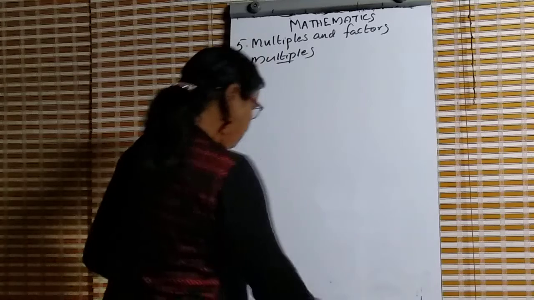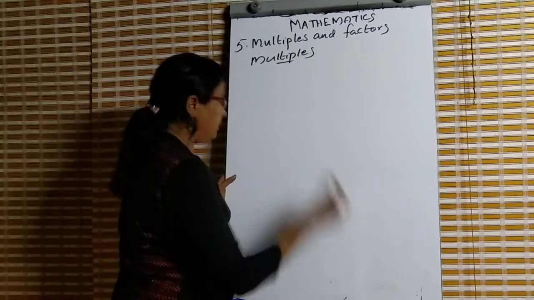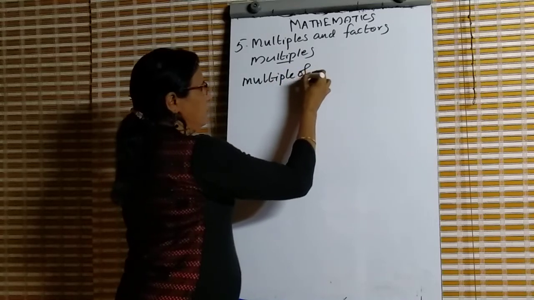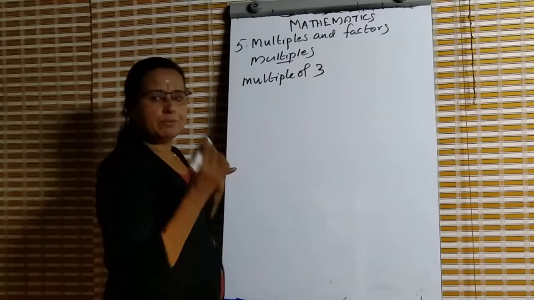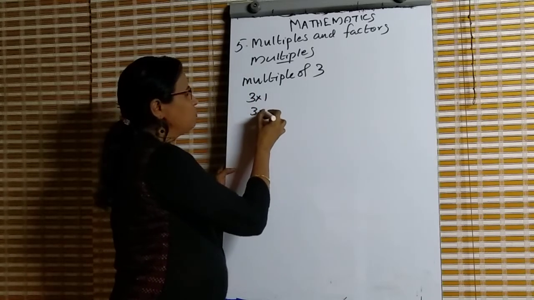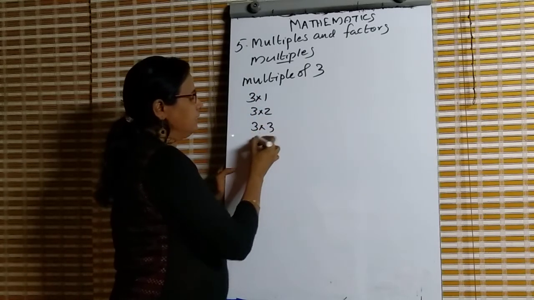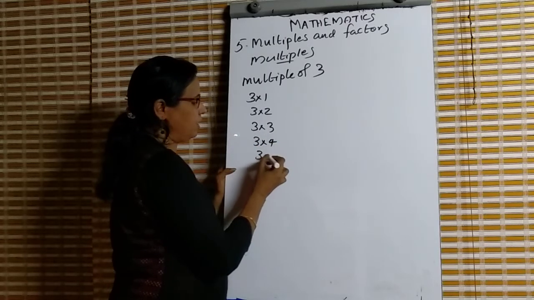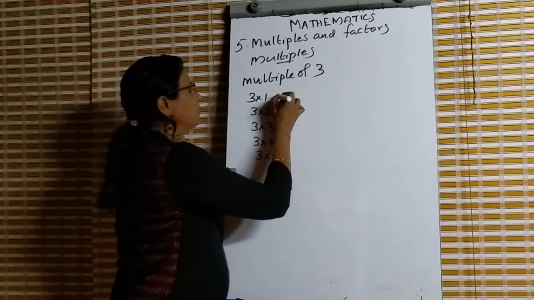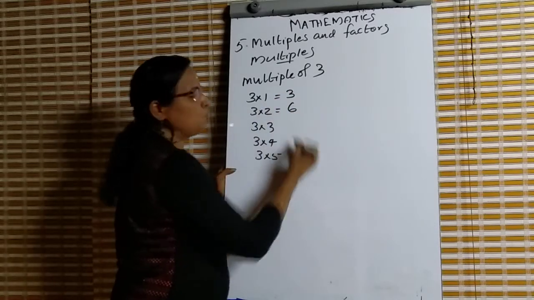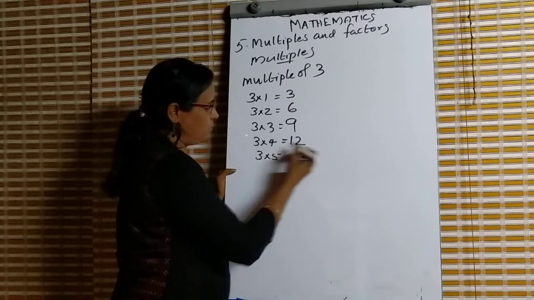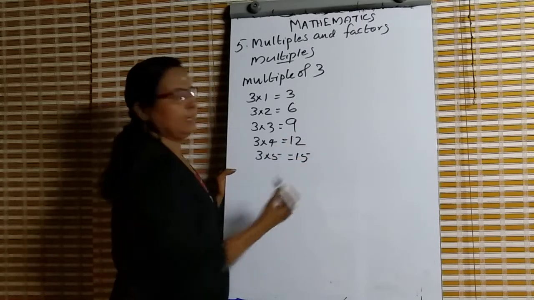Look at the board. To find the multiple of 3, how to find? We multiply the given number by 1, 2, 3, 4, 5, etc. 3 into 1, 3. 3 into 2, 6. 3 into 3, 9. 3 into 4, 12. 3 into 5, 15.